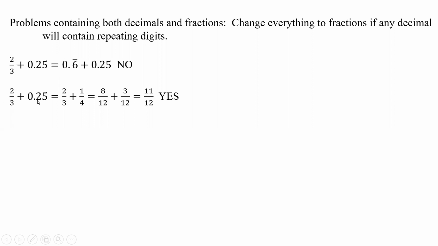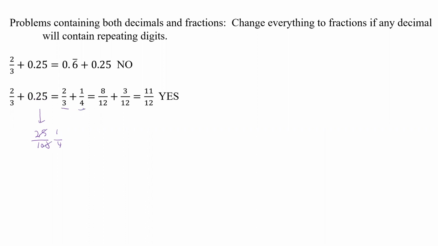So 2/3 plus 0.25. Well, if you think about that, what is 0.25? 0.25 is a quarter because what we really have is 25 over 100. This can be converted into 25 over 100 because we have 25 hundredths. Now 25 will go into 25 one time, and 25 will go into 100 four times, and so we get 1/4.